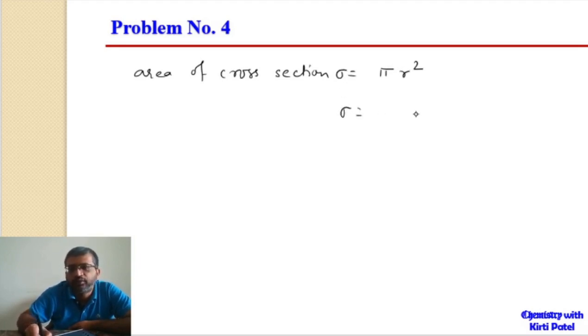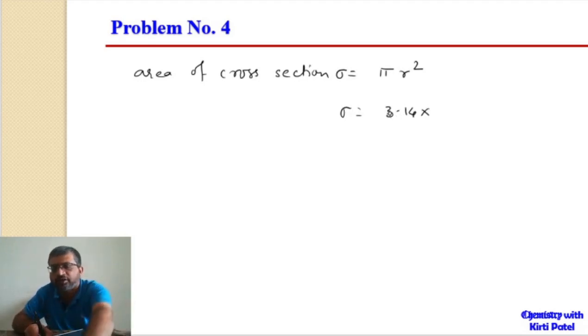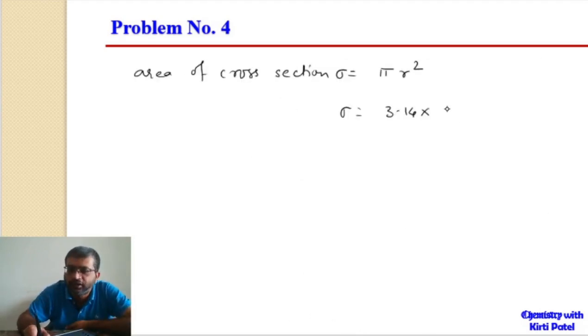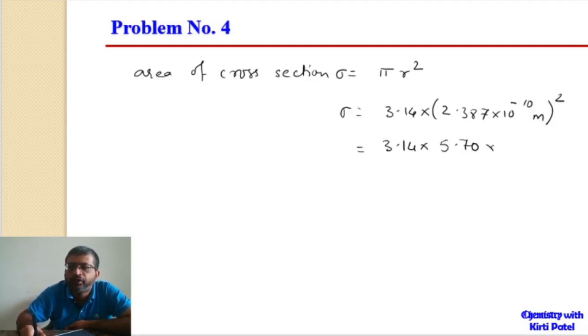So sigma can be equal to pi is 3.14 and r, just now we have calculated, as 2.387 into 10 raised to minus 10 meters, and it will be the square of this. So this will be giving us 3.14 into 5.70 into 10 raised to minus 20 meter square.